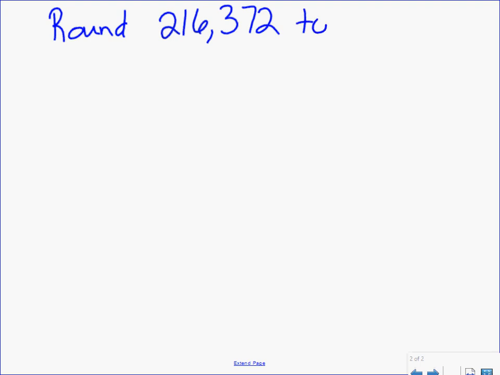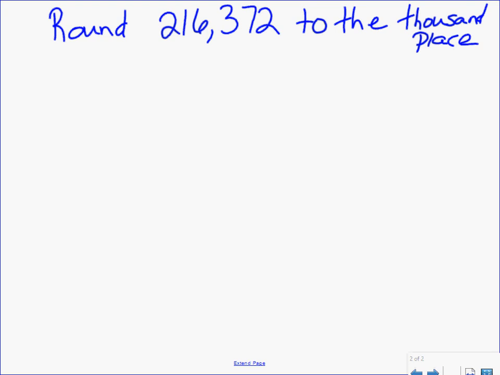But let's look at another one. They're not always going to be in the greatest place value. So let's look at one like this. Round 216,372 to the thousands place. In 4th grade, they can be given any place to round to.